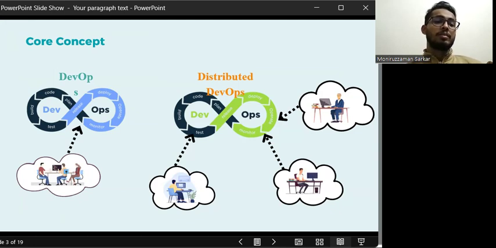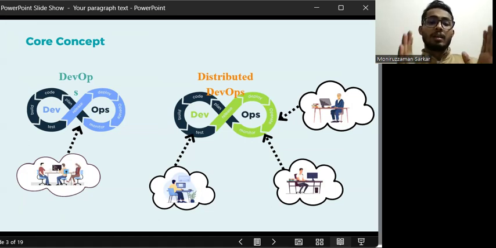Here, in this slide, we see two different pictures. The left picture shows the traditional DevOps, and the right side picture shows the distributed DevOps. In the traditional DevOps, the development and operational teams work together in the same organization. But in the distributed DevOps, the development or operational teams work in different locations, in different time zones, and it can be different organizations.